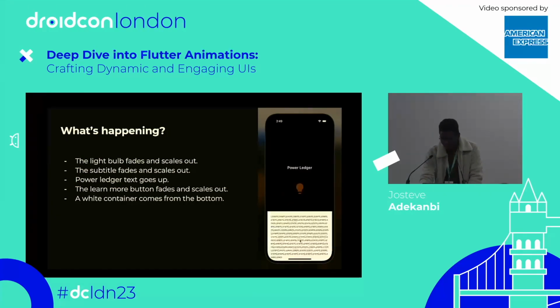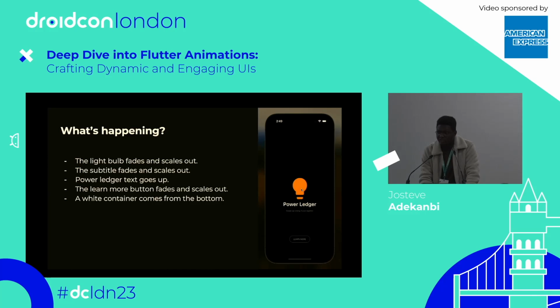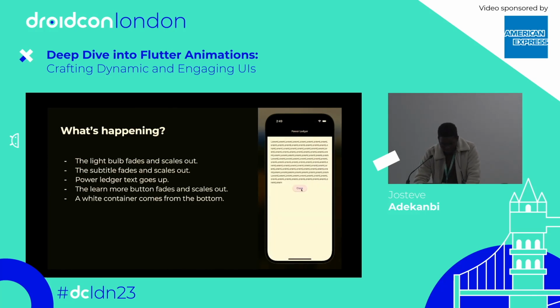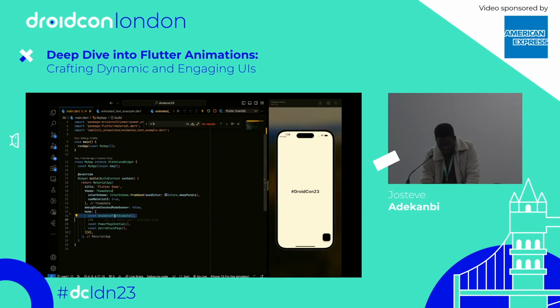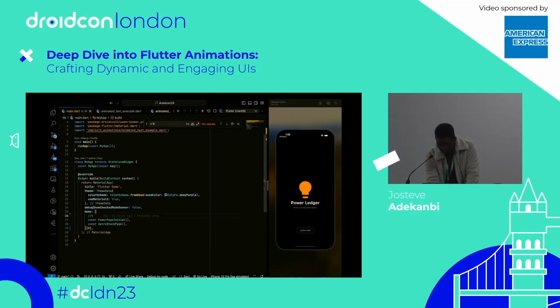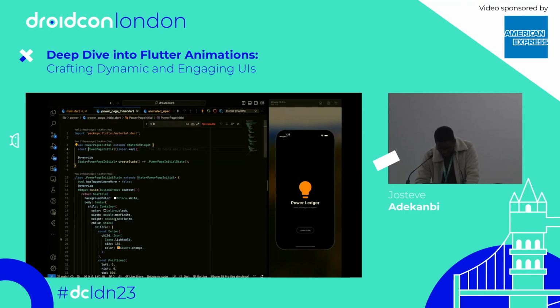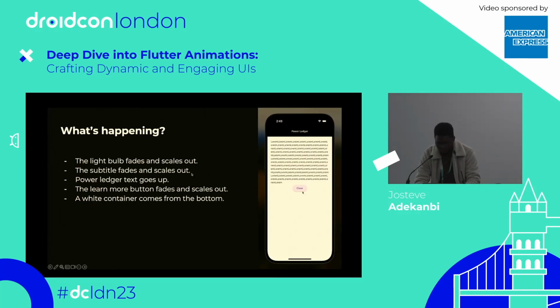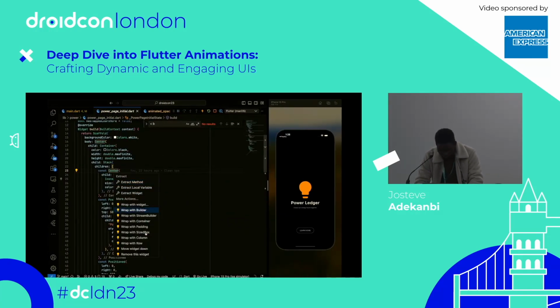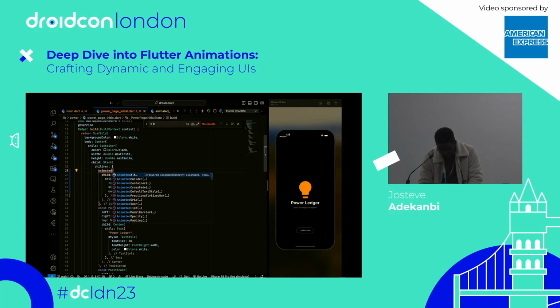So I'll be running through implementing this quickly. I've prepared an initial code for it, and so we can actually just do it together. So we can see this is the light bulb, and I said it fades, so that's AnimatedOpacity.